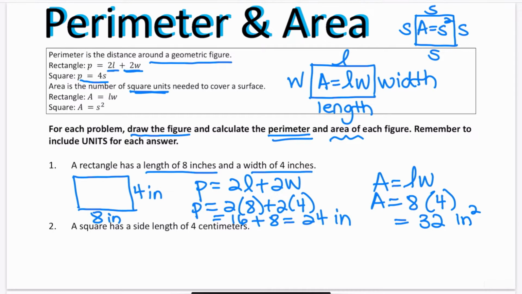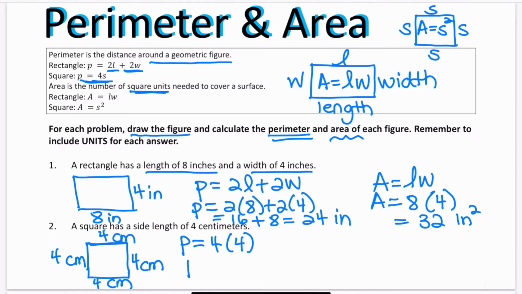In question number 2, we have a square. Remember that a square has all 4 congruent sides, and the side length is 4 centimeters. So that means that it's 4 centimeters all the way around the square. To figure out the perimeter, you're going to basically just multiply by 4 from the formula, because there's 4 sides to a square, and then it just so happens that here the side length is 4.